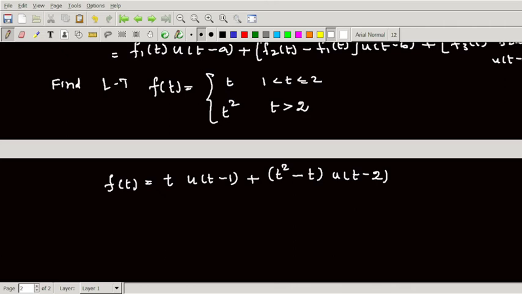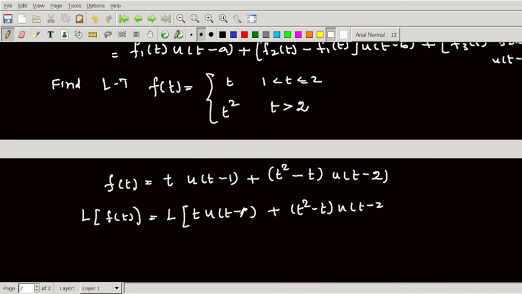So here while solving the problem we can apply the Laplace together. Here Laplace of f of t. Now I am applying the Laplace. So Laplace of t into u of t minus 1 plus t square minus t into u of t minus 2.